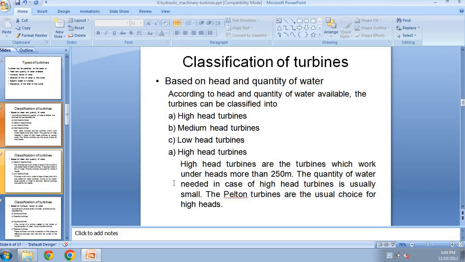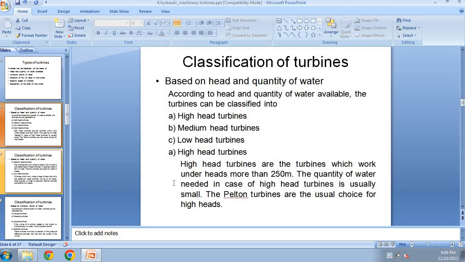High head turbines are considered when the available head is more than 250 meters. In this type, the water quantity utilized for conversion is small compared to medium head and low head turbines.